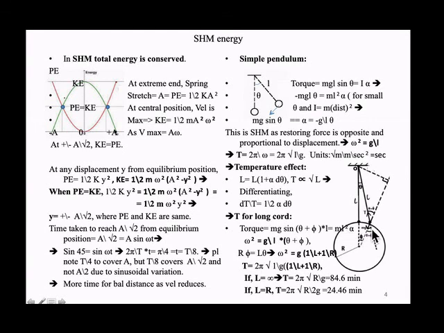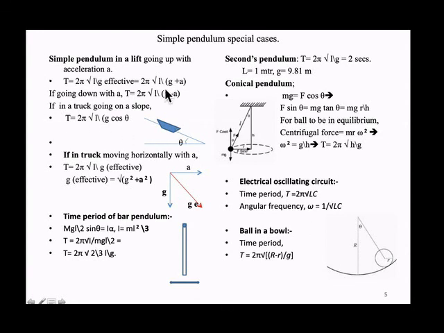So this is mg sin alpha plus theta. mg cos alpha plus theta is in this direction, and perpendicularly mg sin alpha plus theta. Okay. Now you see the other thing. Suppose you are going in a lift and the simple pendulum is hanging. What is the time period? 2 pi root L by g. So g is always replaced by g effective.